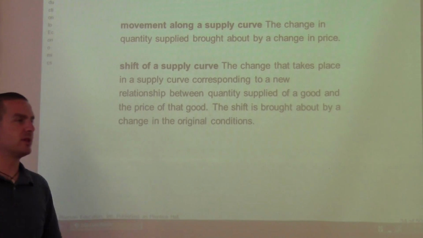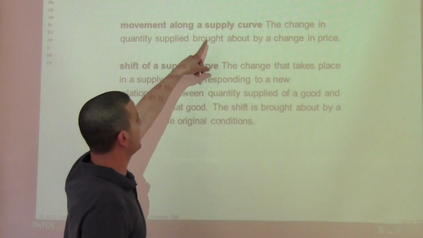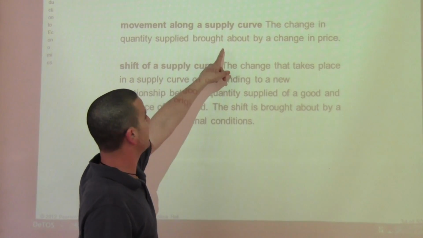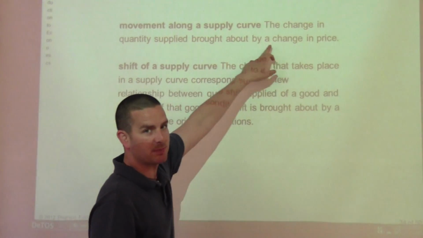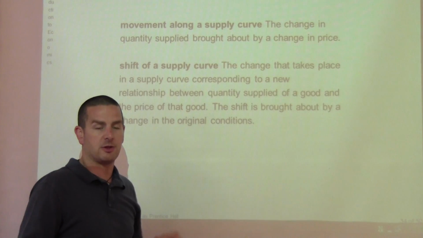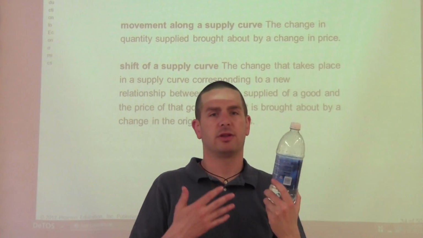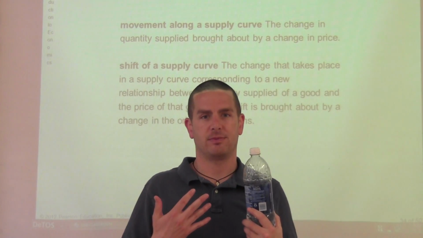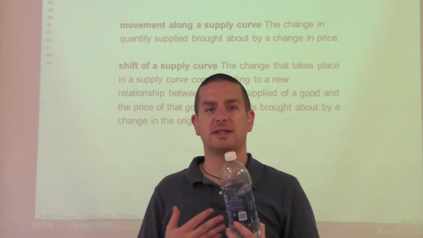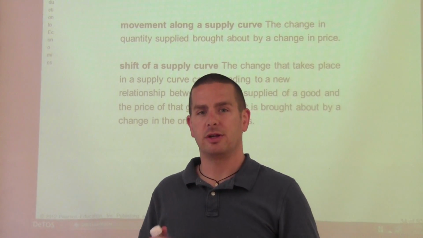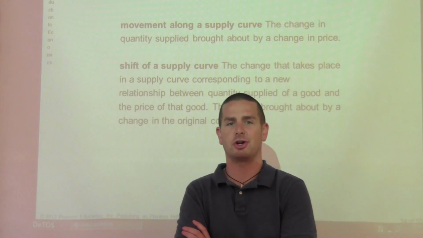So here once again, it says movement along a supply curve. The change in quantity supplied brought about by a change in price. So you move along the supply curve if the price of that good changes. If we're talking about the water supply, if the price of water changes, then that's going to change the quantity supplied of water, which means we are going to slide along the curve.